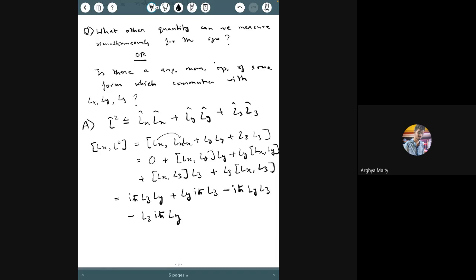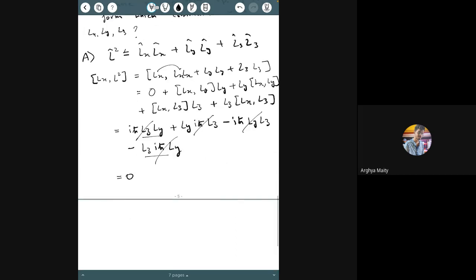So now I have Lz Ly and I have another Lz Ly, okay? So I cancel. Then I have Ly Lz and another Ly. Cancel. So this is 0. So they commute. Similarly, if you work out Ly L square commutator, Lz L square, all of them will turn out to be 0.